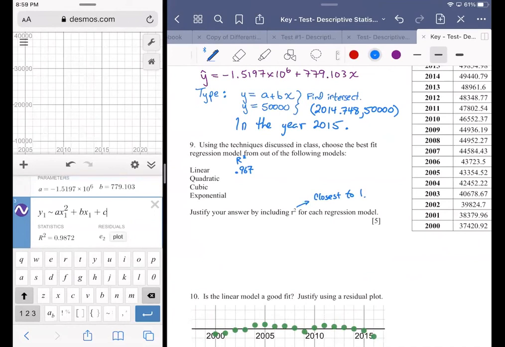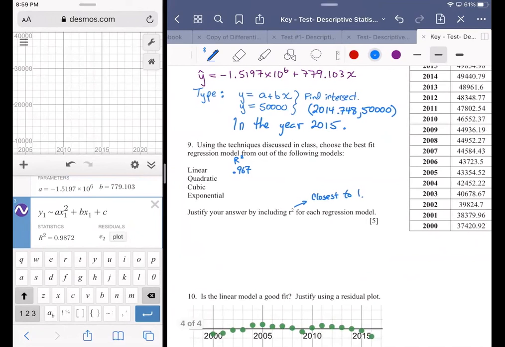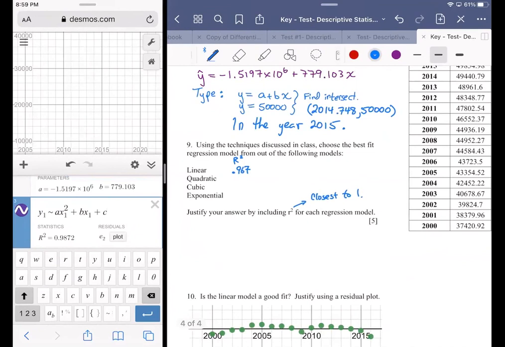That's what we're using to represent the quadratic, and you can see that the R squared value is a beefier 0.987. So we're getting closer to 1. So linear is not going to be the winner. We knew that because of the residual plot, but now we also know that because it doesn't have an R squared value that's as good as the quadratic.